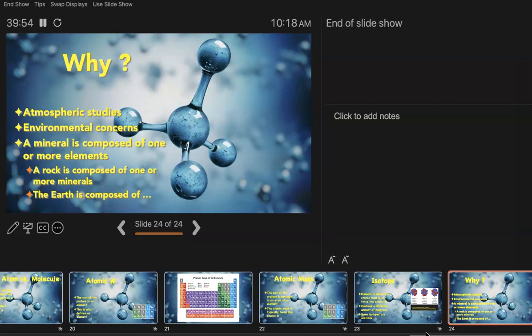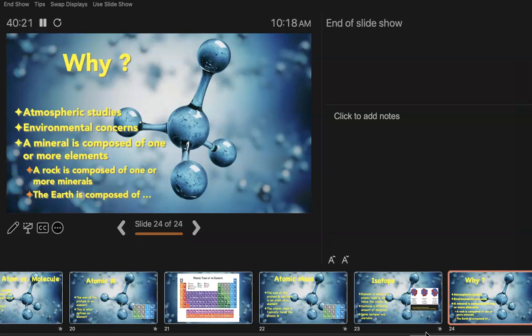As I said, it varies with the class that I'm teaching, but some of this touches on all of these. All right. Atmospheric studies. The atmosphere is made out of elements, is made out of compounds. When we want to talk about pollutants in this class, be it in the atmosphere or in the water, we're talking about these elements. Environmental concerns, mentioned that.